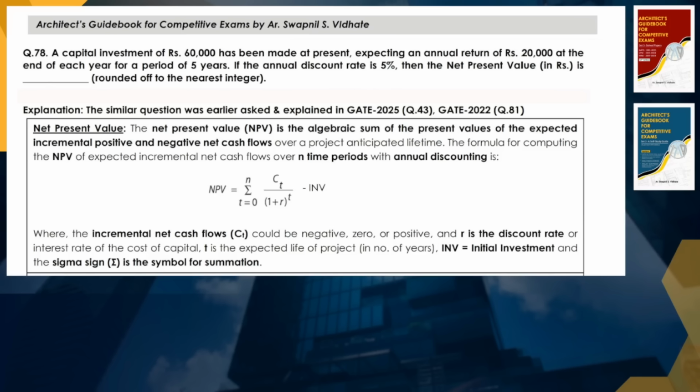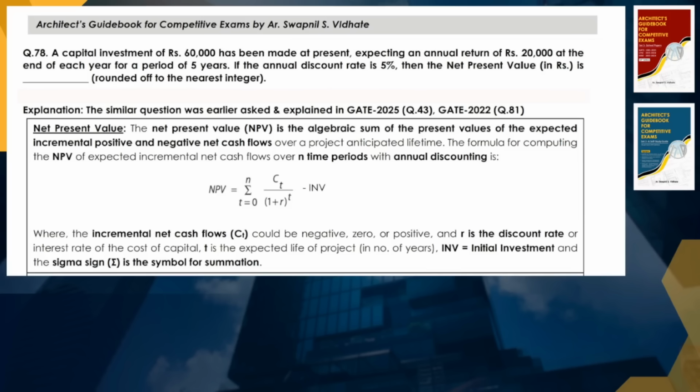The formula to calculate the NPV is: NPV is equal to the summation of all the discounted cash flows minus the initial investment, right? What is meant by the cash flows, that is CT? These are the annual cash flows you are getting after investing in a particular project. So that can be negative, it can be zero, or it can be positive. R is the discount rate at which you have funded the project.